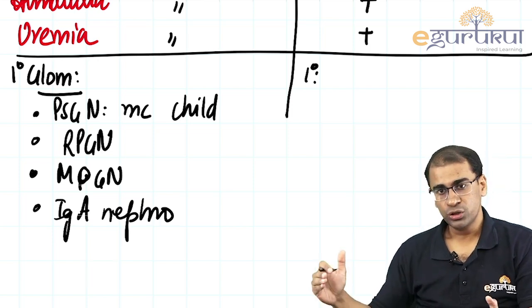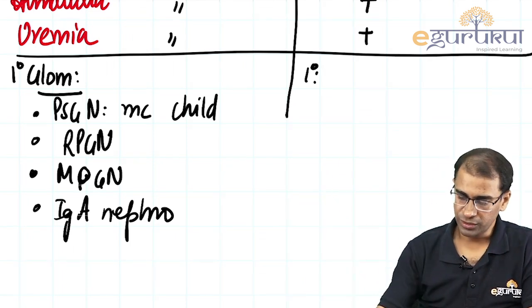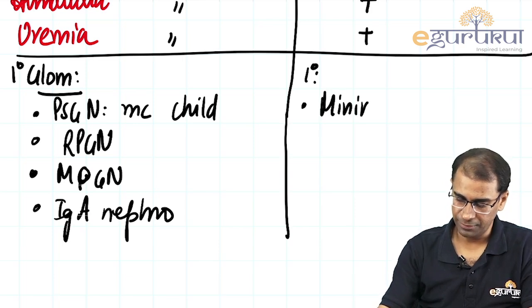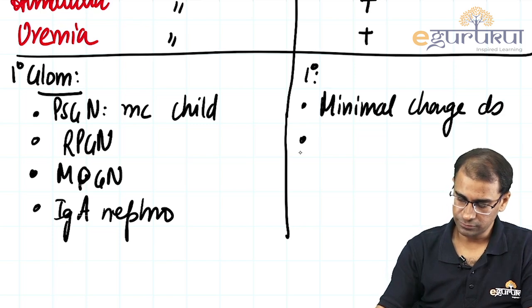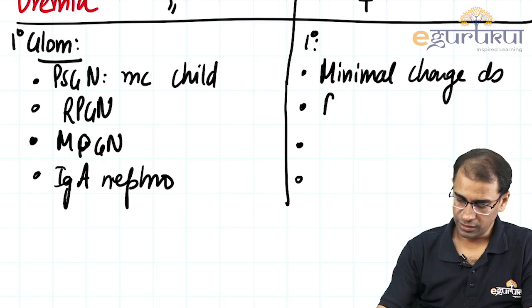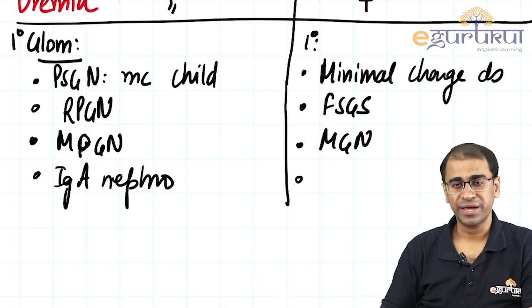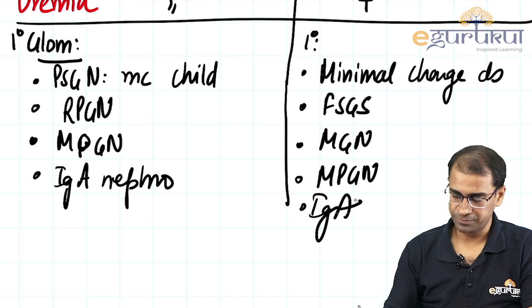Similarly, when we talk about nephrotic syndrome, the causes are minimal change disease, FSGS, MGN, and again the same MPGN and IgA nephropathy.